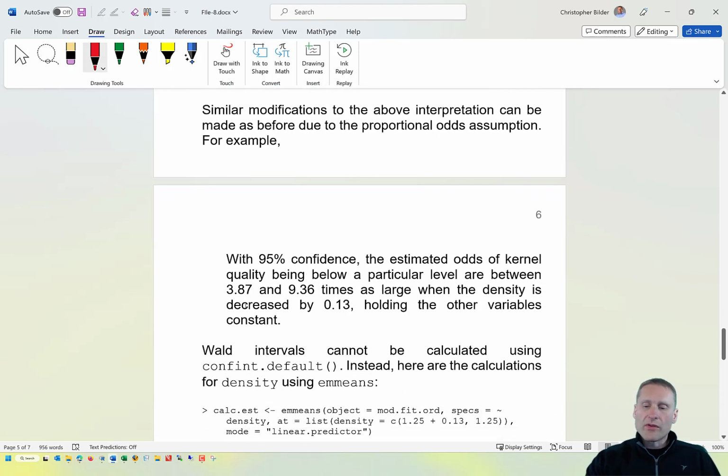You could reword this instead and say, with 95% confidence, the odds of kernel quality being below a particular level are between 3.87 and 9.36 times as large when the density is decreased by 0.13, holding the other variables constant. This additional interpretation comes about because, remember, J is not in our corresponding odds ratio equations.